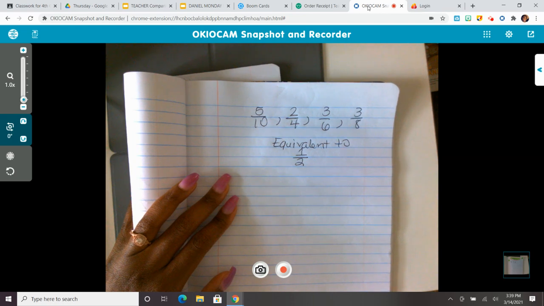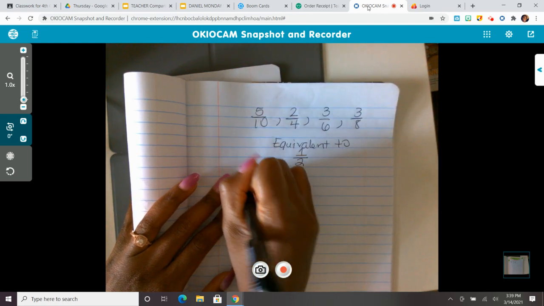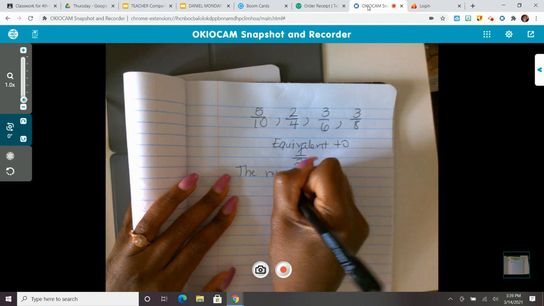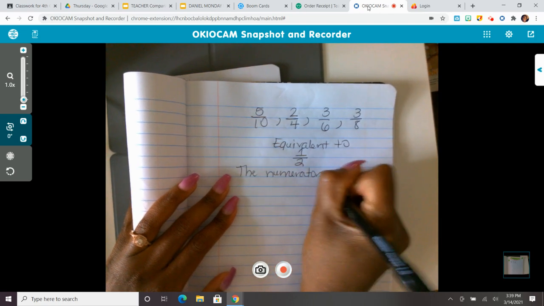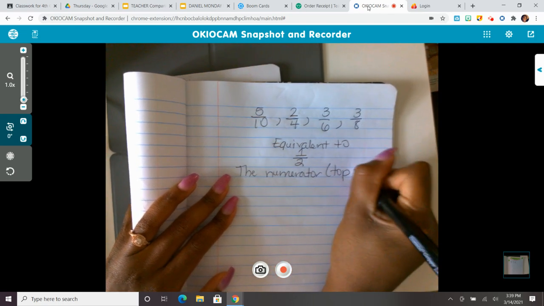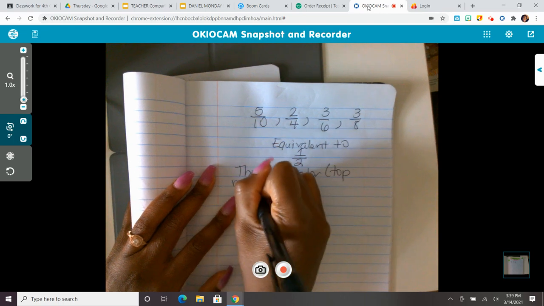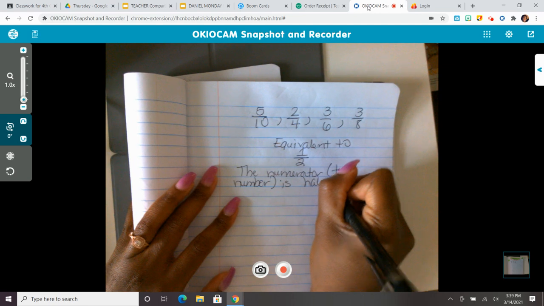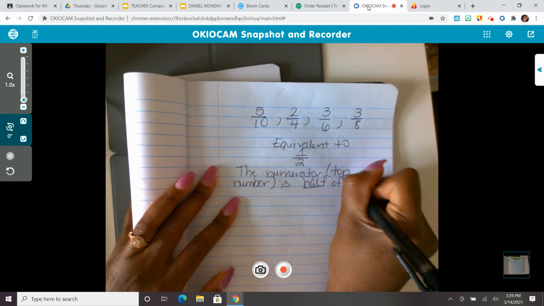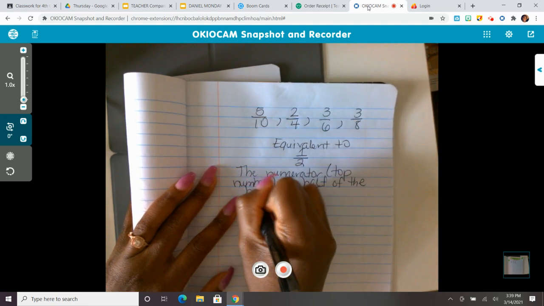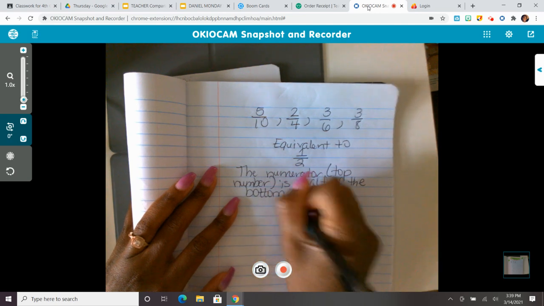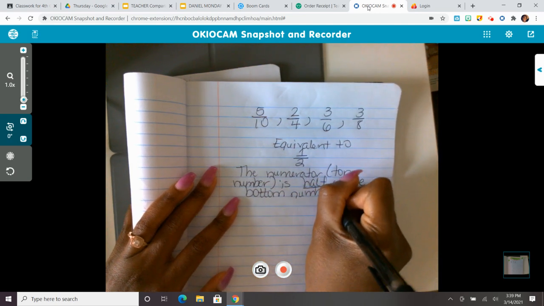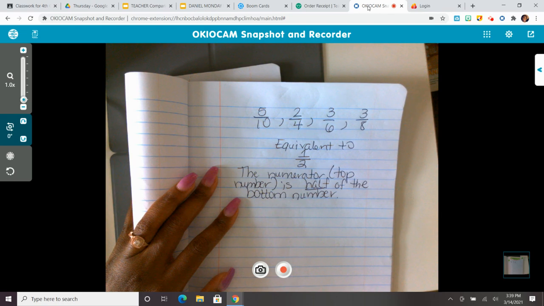All right, we say that the numerator, or the top number, and you need to be writing this down, is half of the bottom number. Okay?